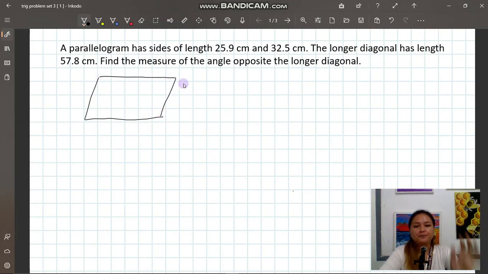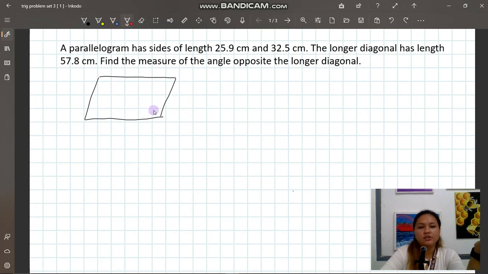Okay, it looks like a rectangle but it's not a rectangle, because in a rectangle all the angles are 90 degrees and all the sides are perpendicular with each other. In a parallelogram, the two pairs of opposite sides are also parallel and equal with each other, but the interior angles do not necessarily equal 90 degrees each.